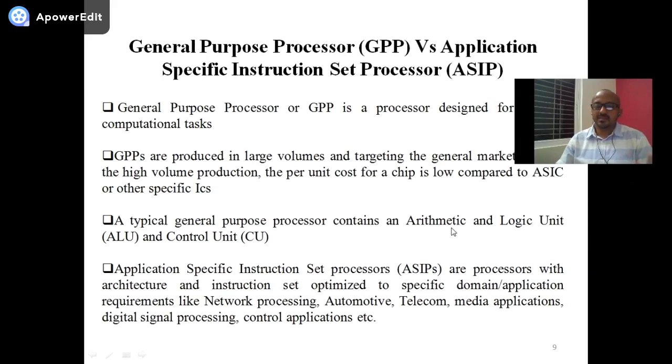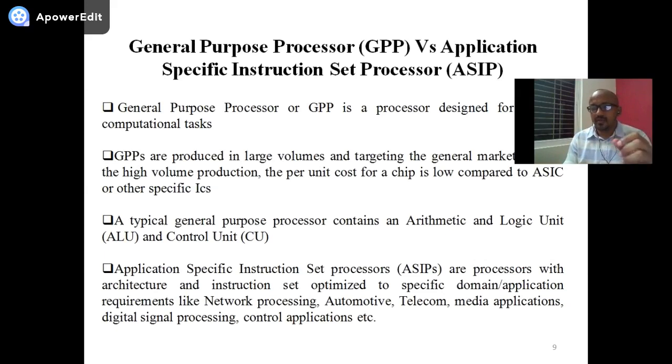Application specific instruction set processors are processors with an architecture that is optimized for a specific domain. For example, for the automobile domain, only the required number of applications as instructions are incorporated and fabricated.